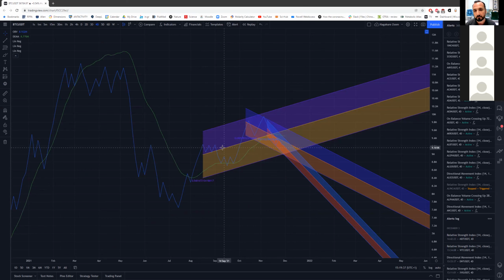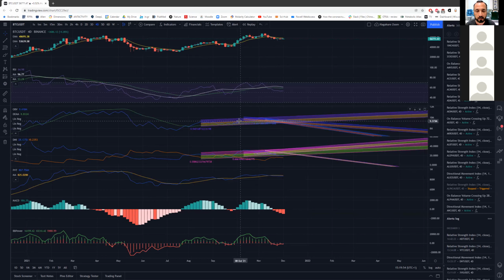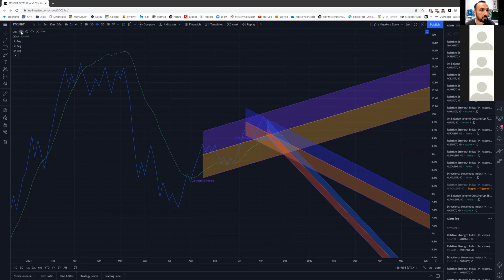Almost all three linear regressions should look upward, and not just upward, but this number that you see here should be above 0.3. It means that the confidence of the linear regression for the on-balance volume is sufficient for you to tell that there is really an uptrend on the on-balance volume. And the on-balance volume, the blue line, should be higher than the DEMA 30.